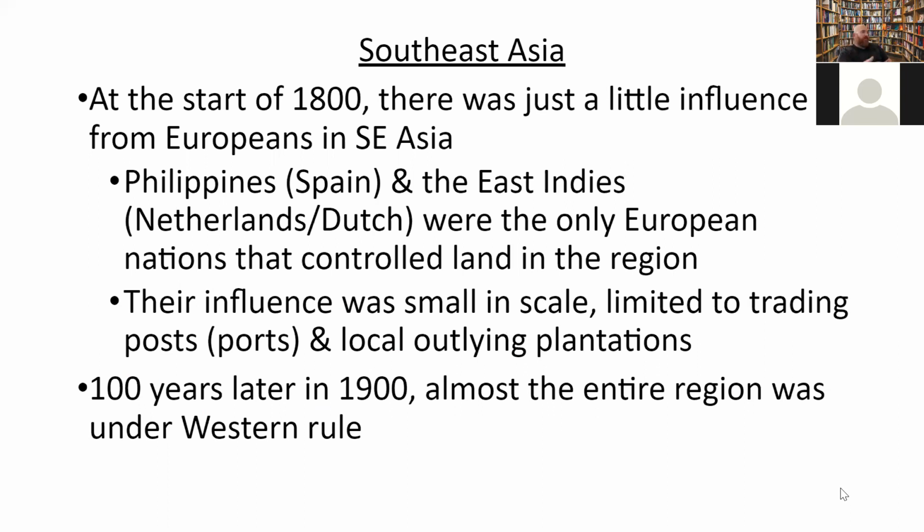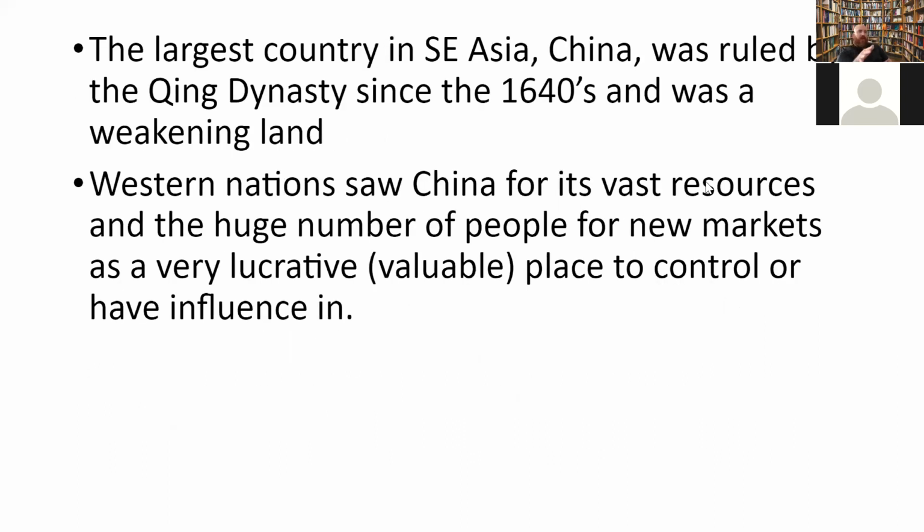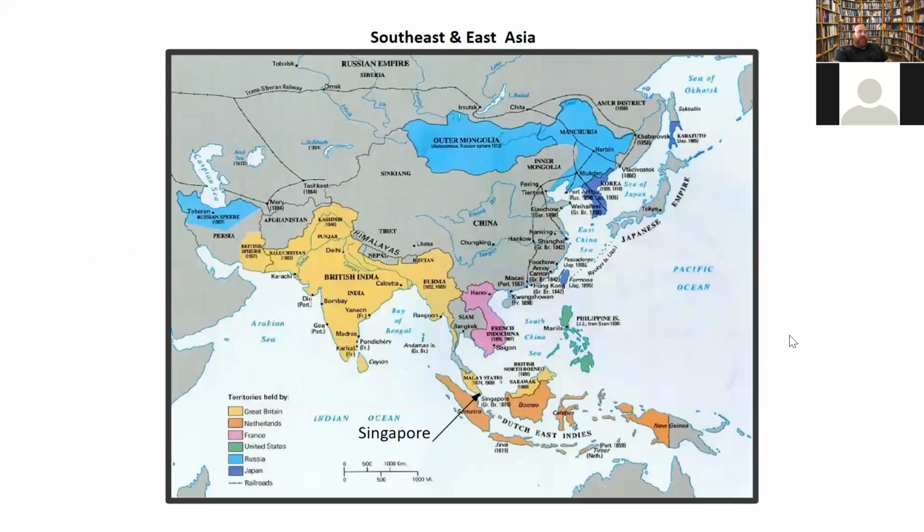So start off with trading posts, and it grows from these very small trading posts on the coast into this massive undertaking of weakening and destroying the Qing dynasty, and then stealing, basically that's what it is, right? Stealing these resources and having these new markets.